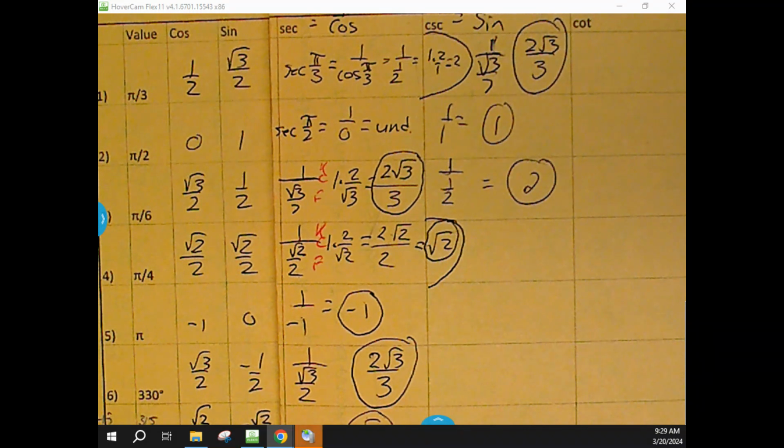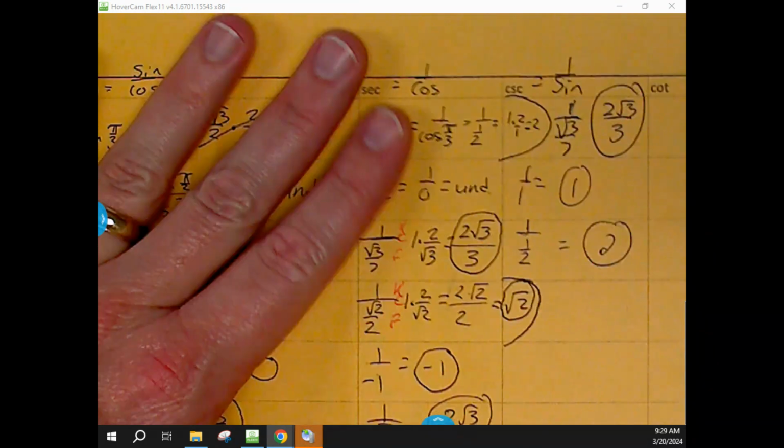Okay, and then the last one we have to do is cotangent. Okay, and for cotangent, again, I'm going to cover up the secant and the cosecant answers. Because for cotangent, all we need is to take the sine and the cosine and look at those answers.